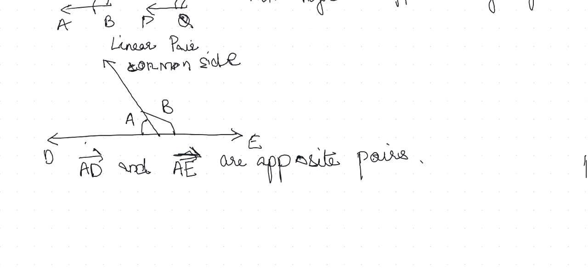Angle A and angle B are a linear pair and they add up to 180 degrees, so they are supplementary angles. Angle A plus angle B is 180, where AD and AE are opposite rays.